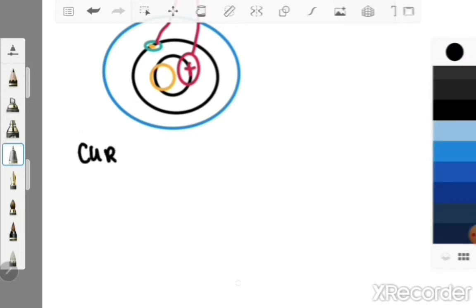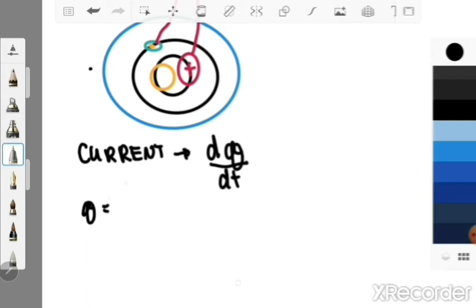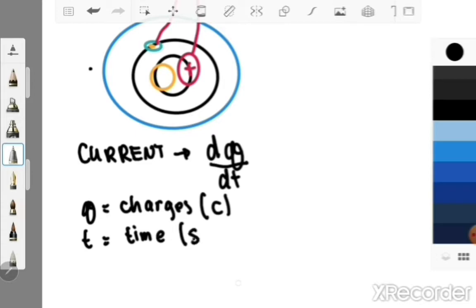because basically your electric current is the movement of charges, which is equal to dq over dt, wherein your q is equal to your charges measured in coulombs, and your t is your time measured in seconds.